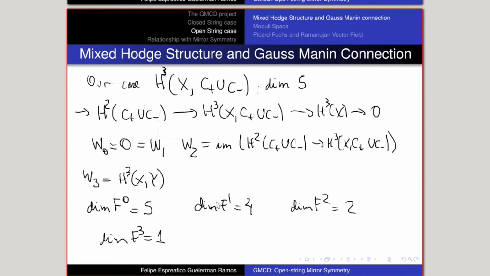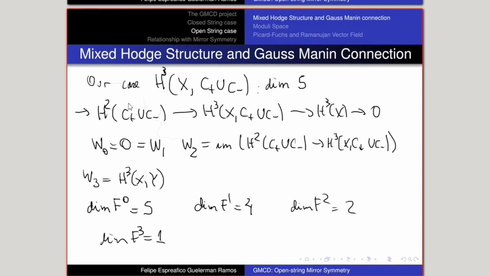What exactly is happening here? So the idea is that we have F0 to F3 here in H3. They will be the same here, but we have this extra element. So we just have to see where this extra element goes, right? And you can compute it, and you can see that this extra element is going to be on F1, right?